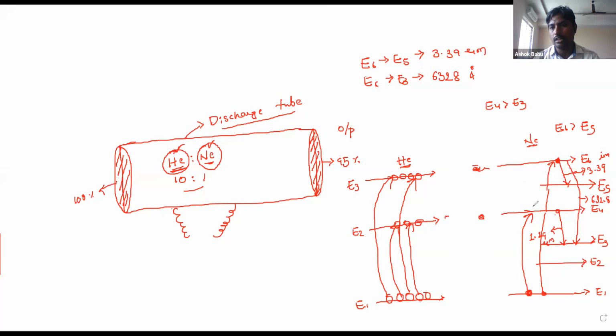The third transition, E4 to E3, has a wavelength of 1.19 micrometers. These two wavelengths are negligible. So the major transition between E6 and E3 will occur, and that wavelength is 632.8 nanometers or 6328 angstrom units.